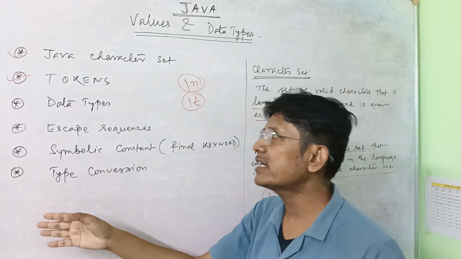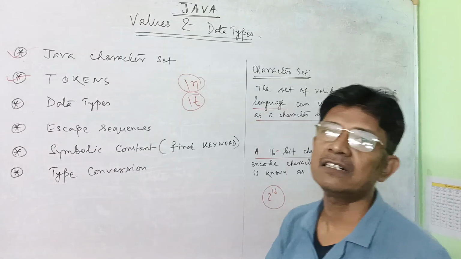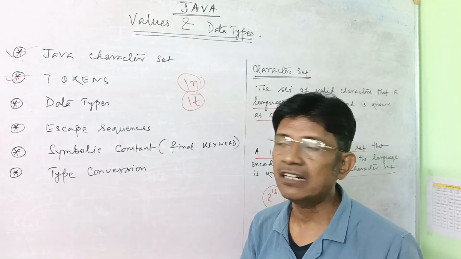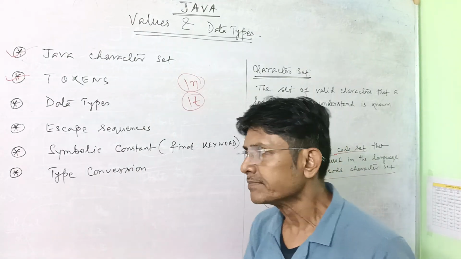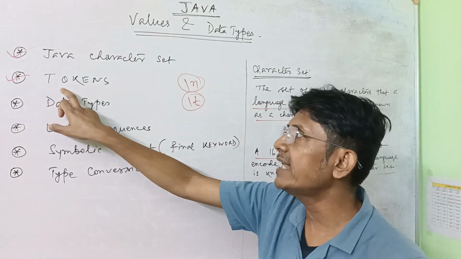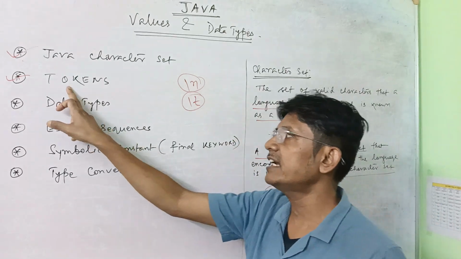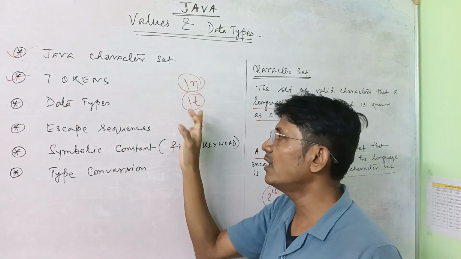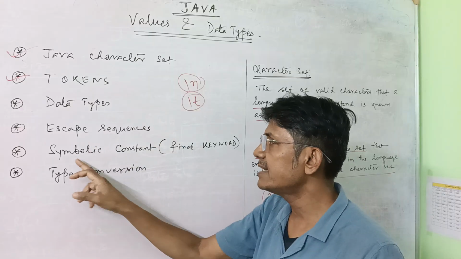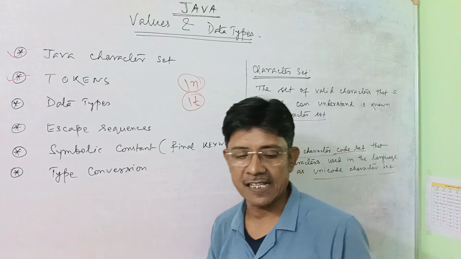One by one I have to explain, then it will be clear for you. Not in one class, everything I can't explain, because it will take a long time. So today I'll explain the details about tokens, because this was the character set, and you just have to understand what the character sets are. Data types, escape sequence, symbolic constant and type conversion, I'll explain in my next classes.